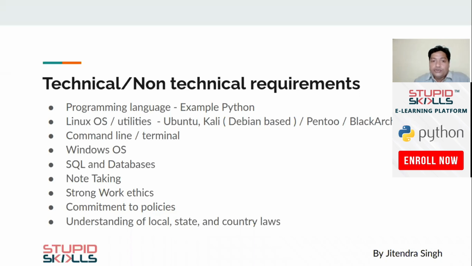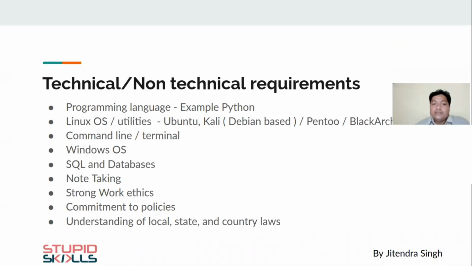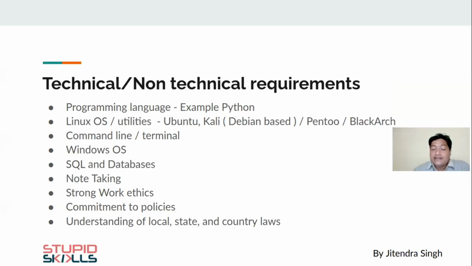Then usually you would find a lot of vulnerabilities with Windows OSs, and the majority of the organizations use Windows, and the frequency of patches in Windows is a little slower, and there are a lot of vulnerabilities in the Windows OS. So you should be aware of at least the Windows command line.